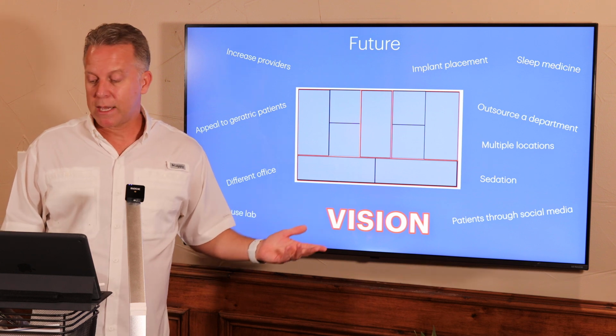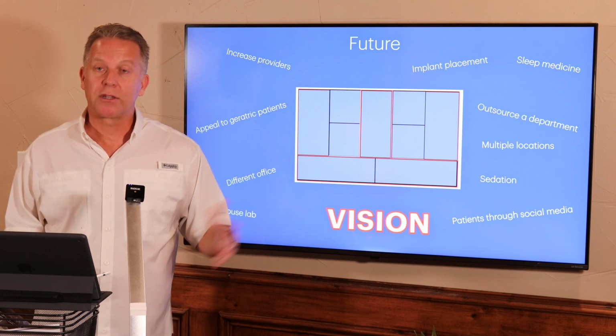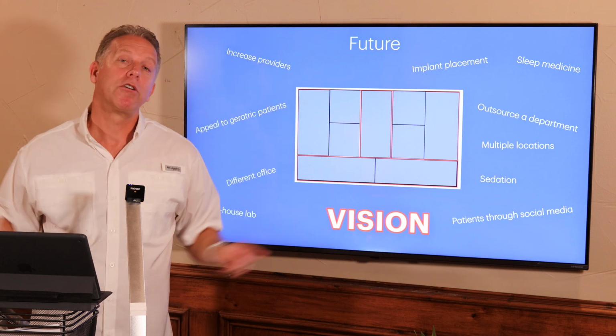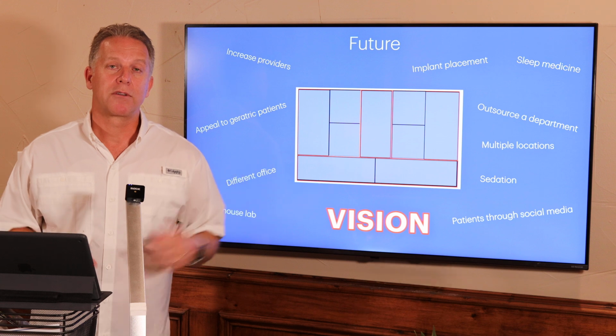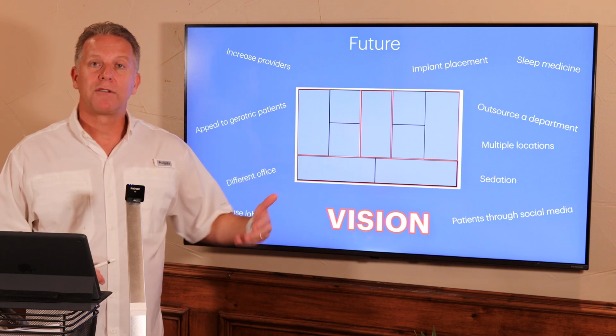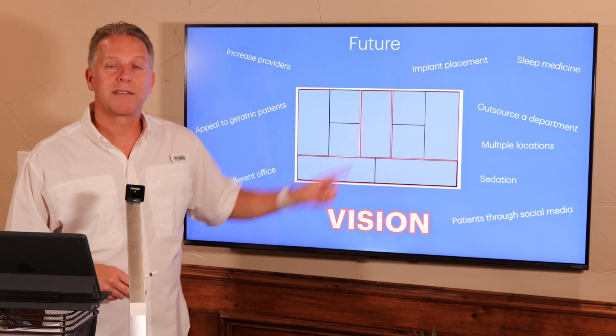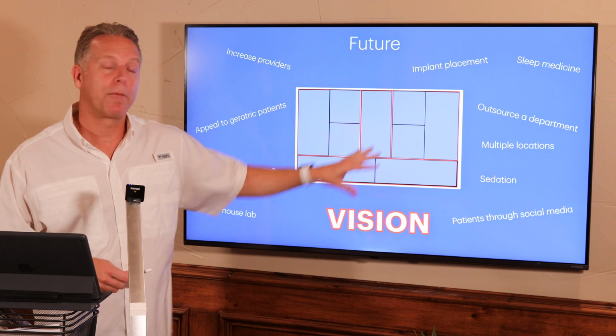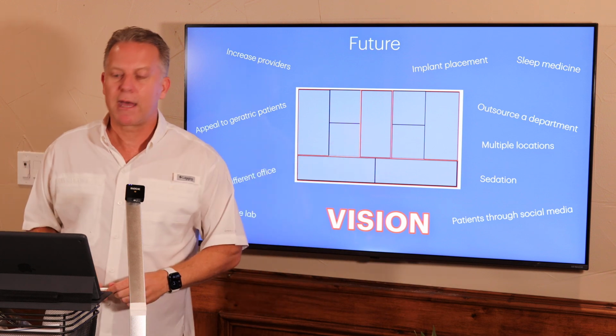You could have multiple locations. You could do sedation. You could have patients that you're trying to gather not just from your local area, but from a larger audience geographically by using social media. So these are all different things that you could do when you're talking about your vision for the future: changing these different things inside these boxes and playing out how that might work and how it might affect these other parts within this entire canvas.